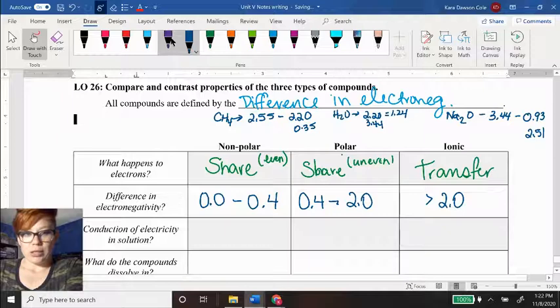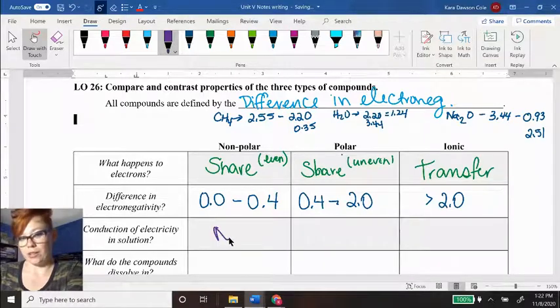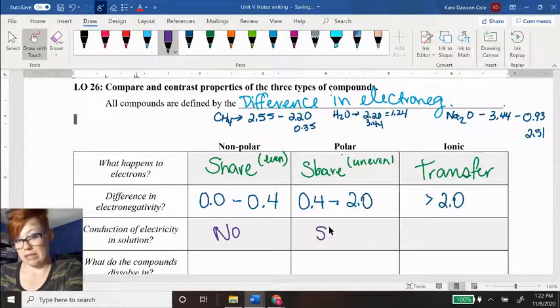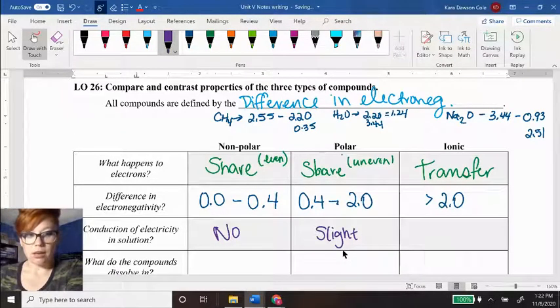Conduction of electricity in the solution. So nonpolar compounds will never conduct electricity in solution. Polar compounds, slightly. It might happen, and that's really if you've got a very weak acid, and you will have some conduction of electricity there.